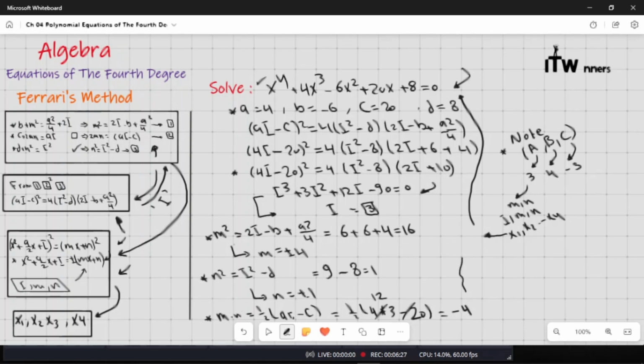So for this value of m into n, m into n equal to negative 4. We have two cases here.